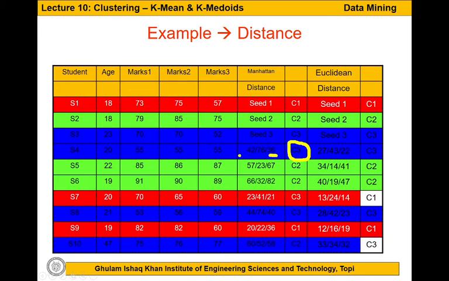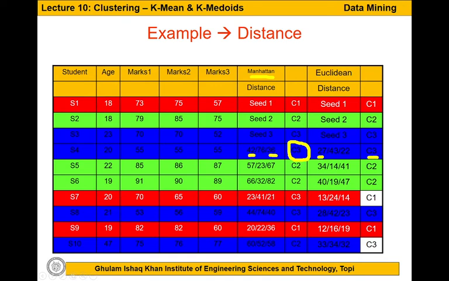This distance computation is based upon Manhattan distance. Using Euclidean distance, if you see the values, Manhattan distance gave us 42 for the distance between S1 and S4, but Euclidean distance is giving us 27. So the distance measure influences the results. But for the instance S4, the Euclidean distance also suggests that S4 should be placed in cluster 3.